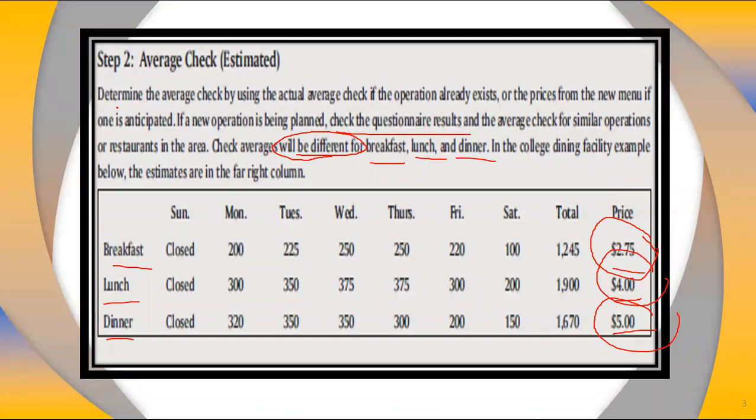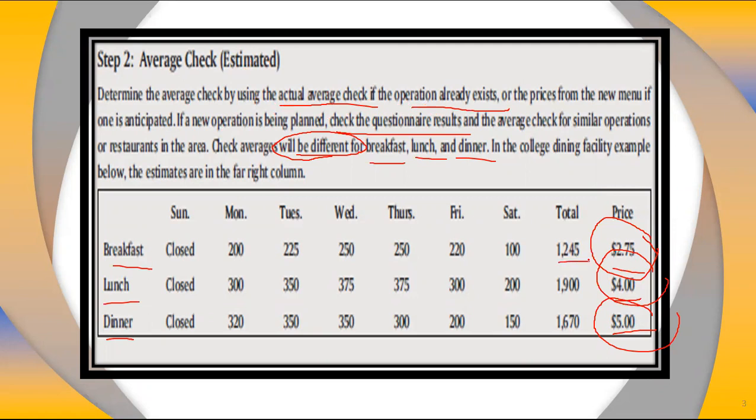But in reality, if you have an existing operation, you can base your average check on the actual computation of the average check. Usually in real operation, to get the average check, all the sales are added and then divided by the total number of customer counts.